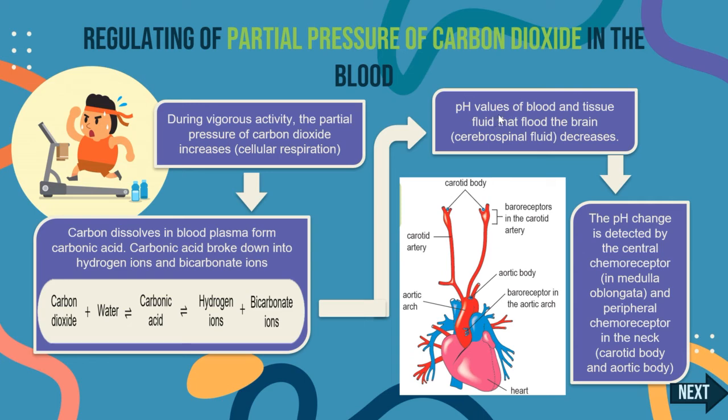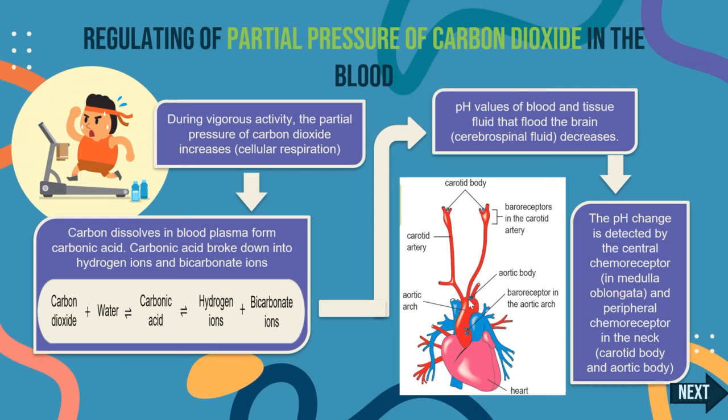The pH value of the blood and the tissue fluid that floods the brain, which is the cerebrospinal fluid, decreases. So the pH changes, and it will be detected by the central chemoreceptor in the medulla oblongata and the peripheral chemoreceptor in the neck, the carotid body, and also the aortic body.